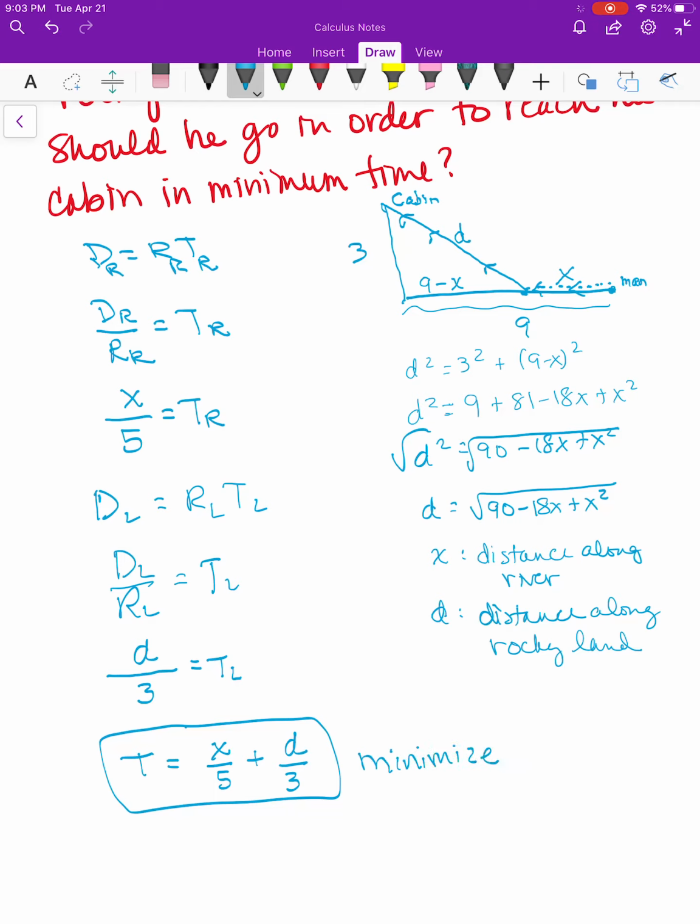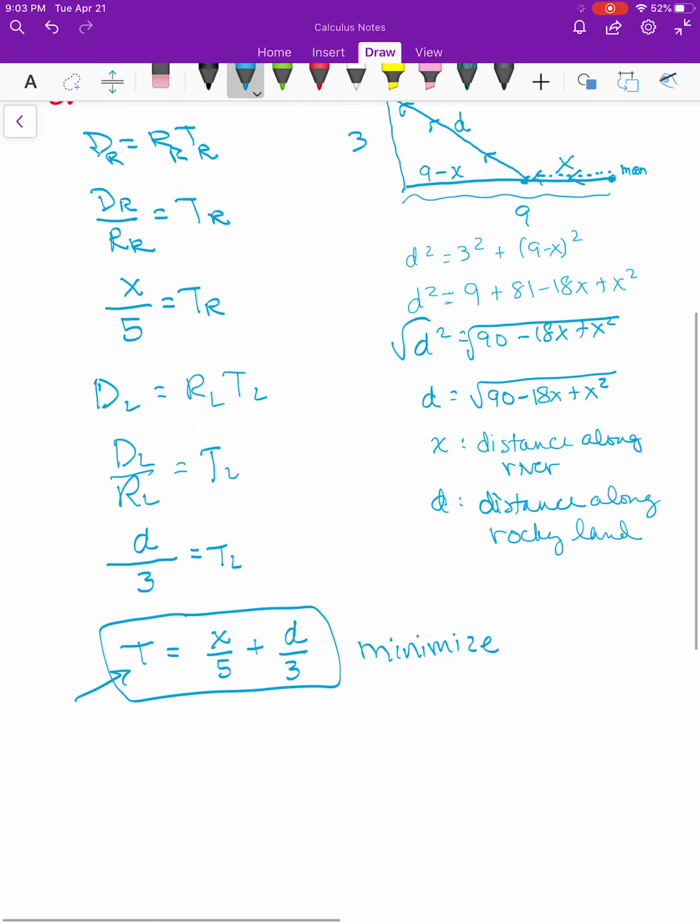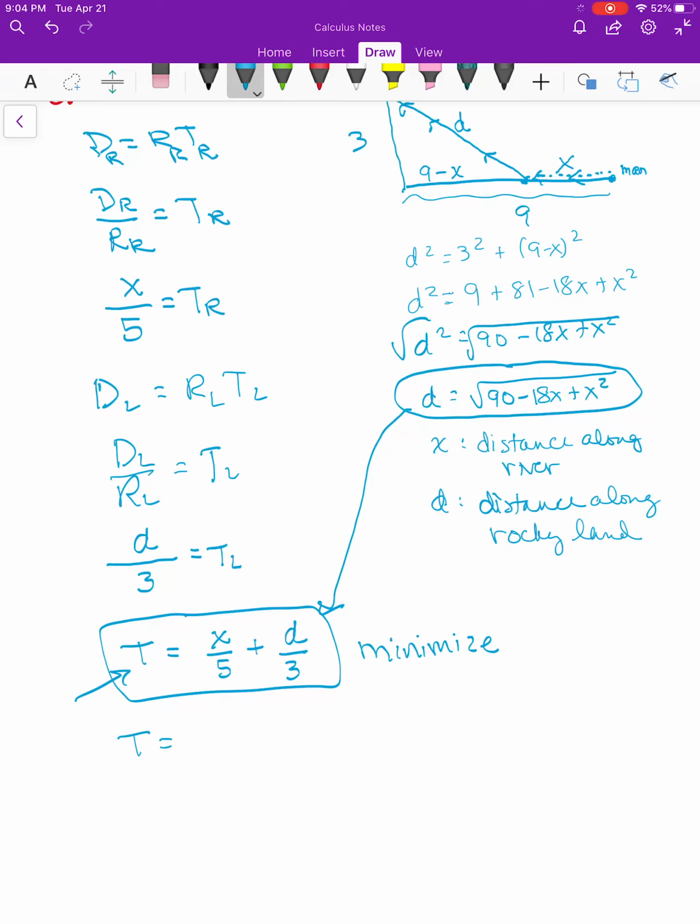So since we're trying to minimize time, our time equation is going to be the time along the river plus the time along the land. This is the equation that we want to minimize, right? We want to minimize this big T because that's our total time.